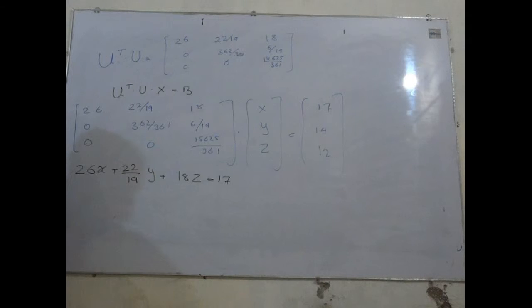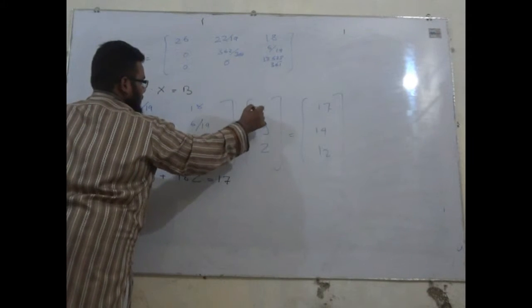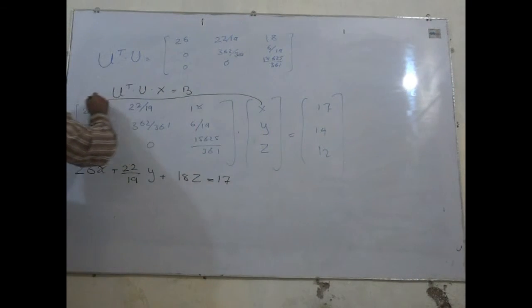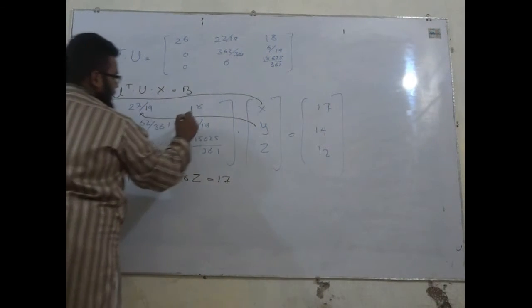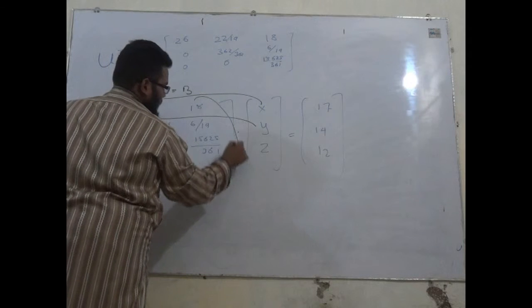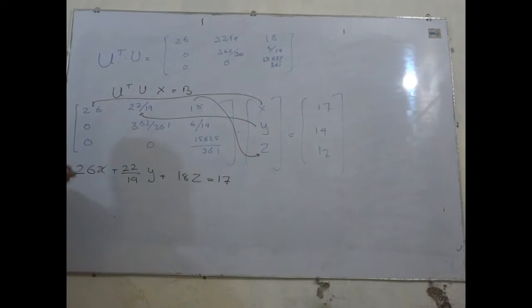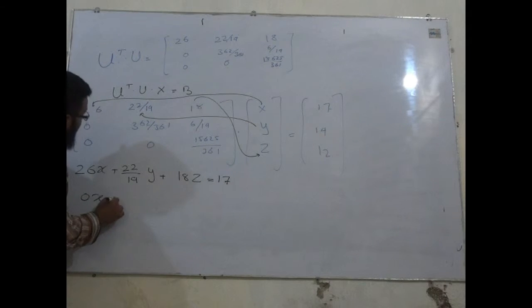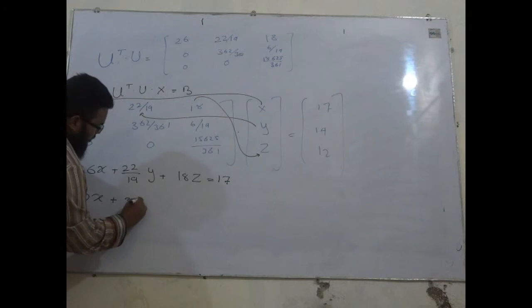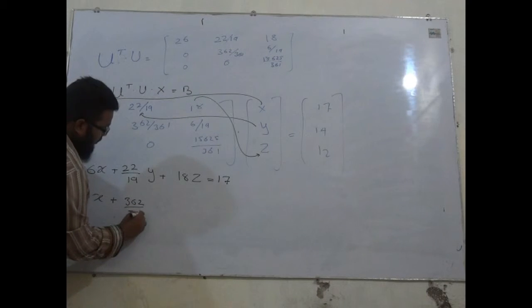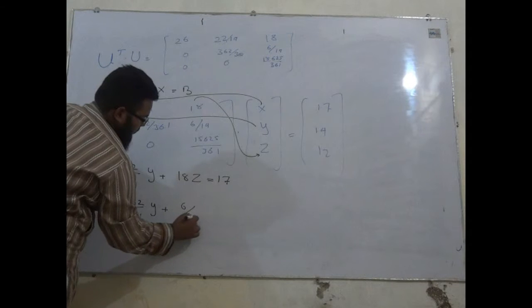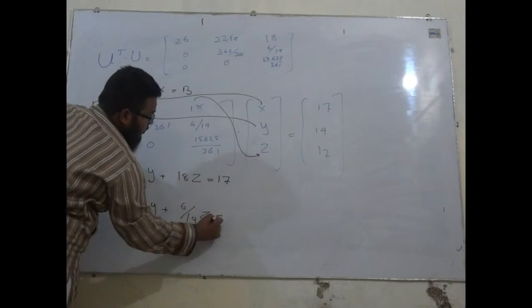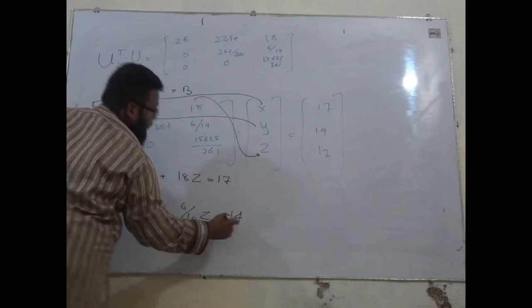Okay, we just make the coefficients of this, and then we make that, and finally I will do the same for this: 0 into x plus 362 over 361 of y plus 6 over 19 of z is also equal to 14.